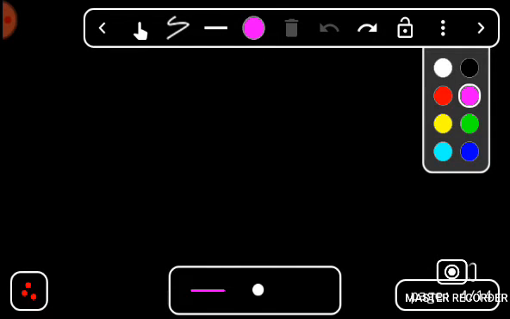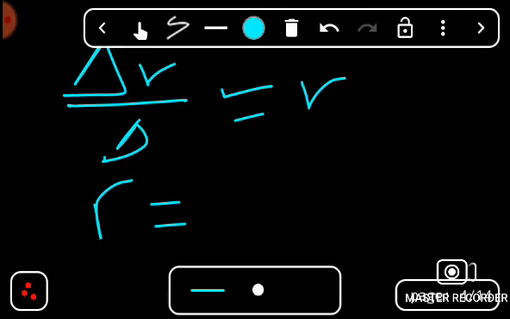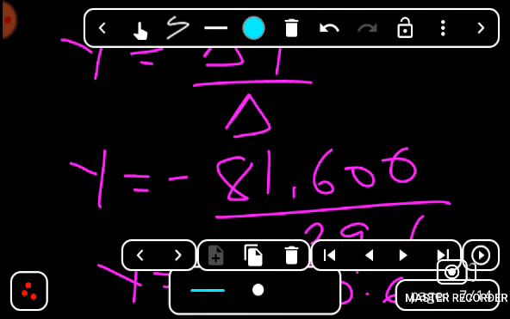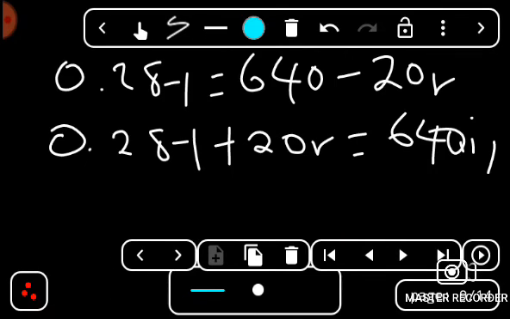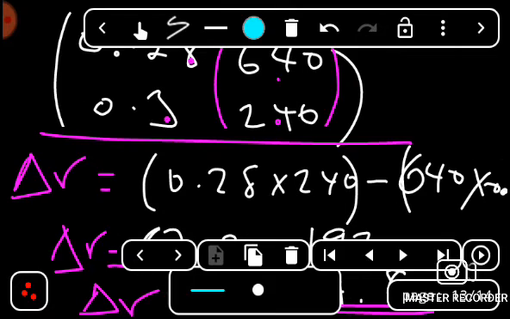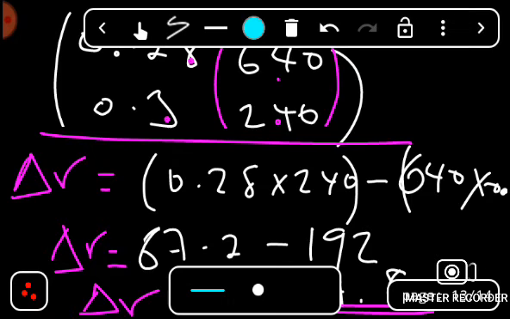So now we're saying the change in R over the change will give us R. Our change in R is negative 124.8.